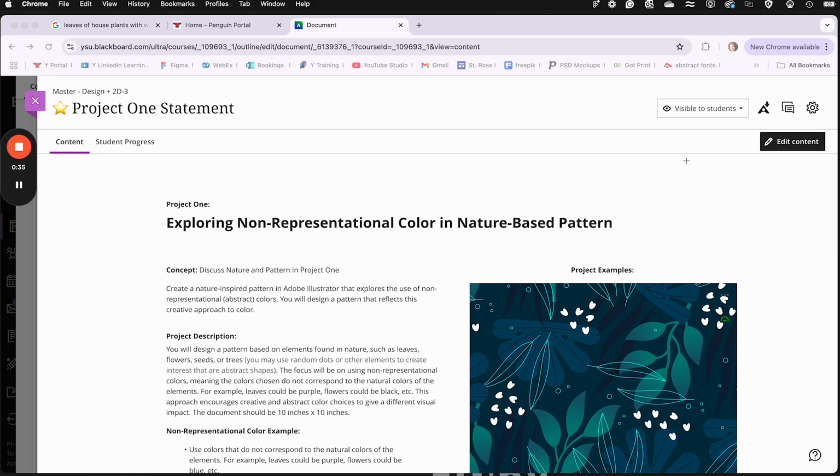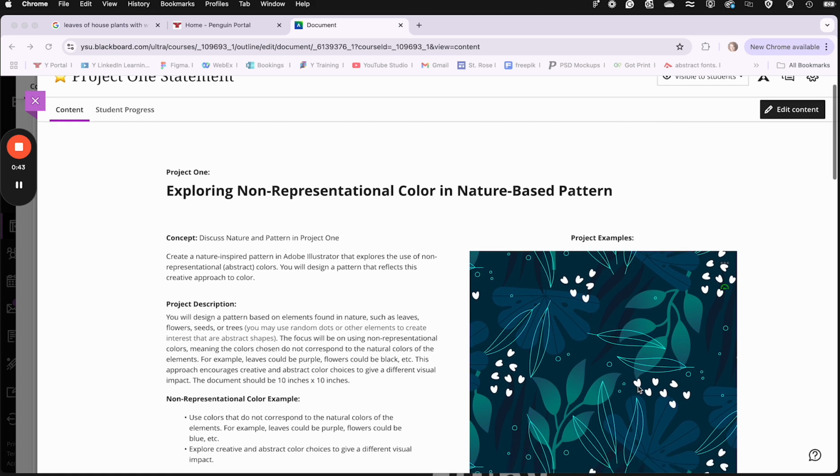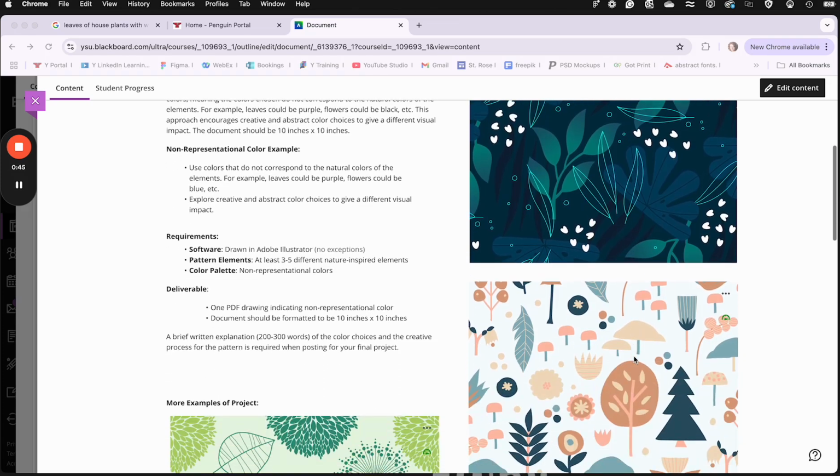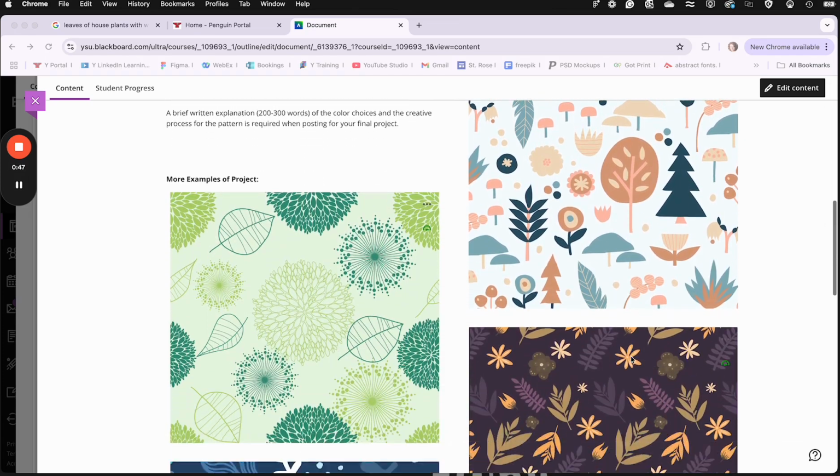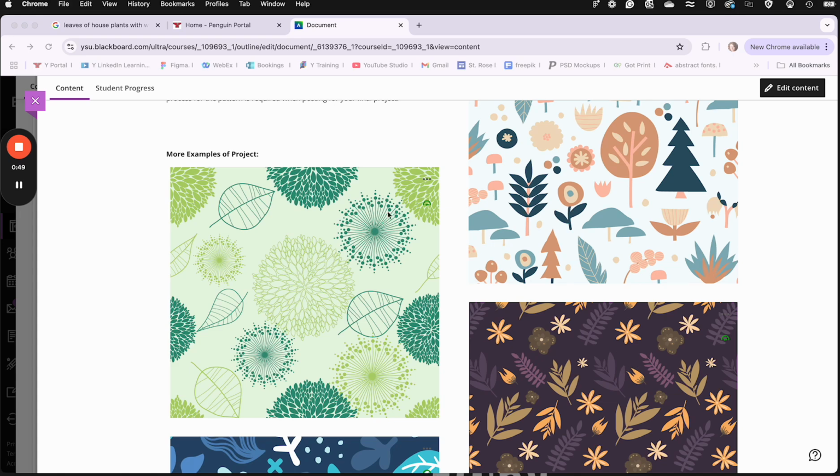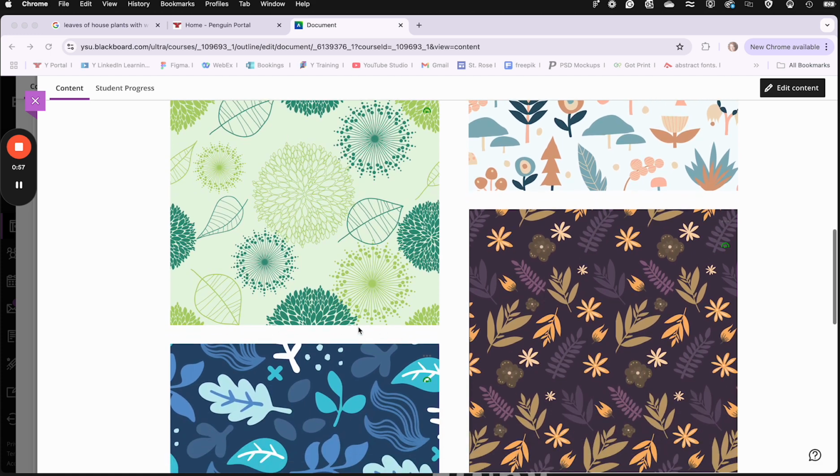And this first project is looking at 3 to 5 natural elements, so leaves or mushrooms, or these are very modified flowers, but those flowers don't necessarily have to be modified.